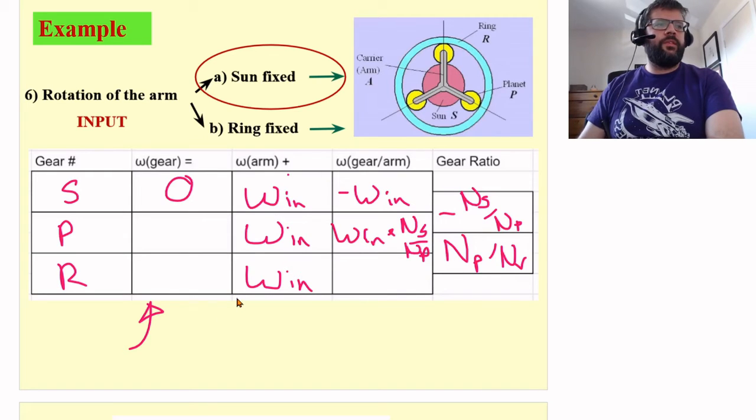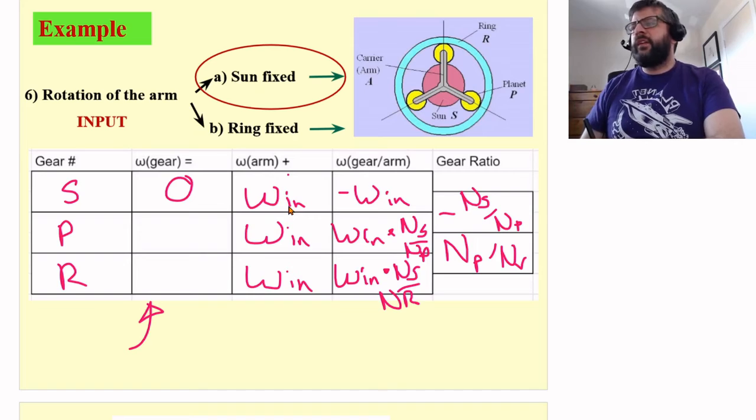So this gear ratio is multiplied by the relative rotational speed of the planets and the arm. That'll give us W in times NS NP divided by NP NR, so it's NS over NR when the NP's cancel out.